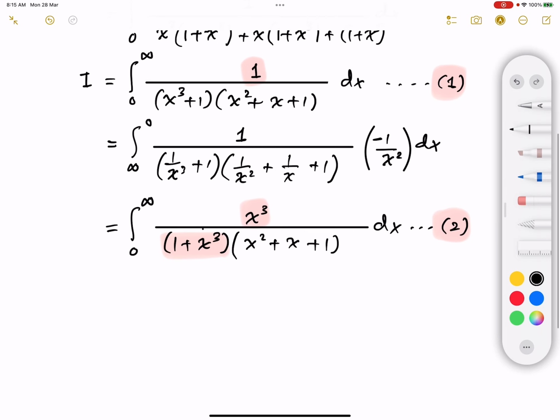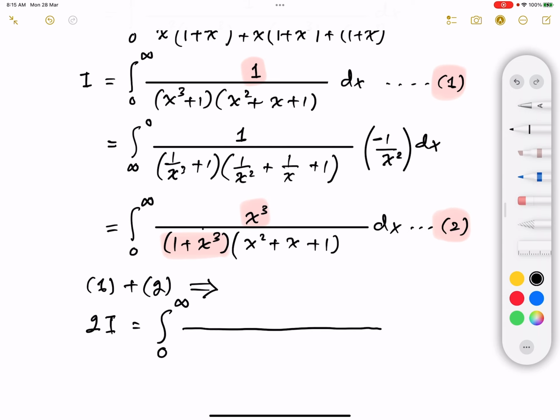So now, if we add up equation number 1 plus equation number 2, what we get is 2I equals the integration from 0 to infinity of x cubed plus 1, divided by x cubed plus 1 multiplied by the quadratic term x squared plus x plus 1, dx.